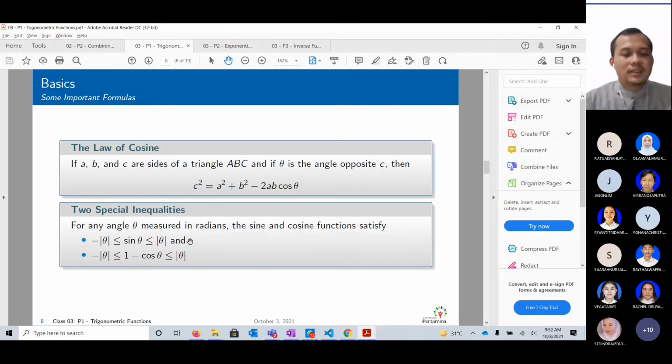And next are the two special inequalities. If we have angle theta measured in radians, the sine and cosine functions satisfy these two inequalities.